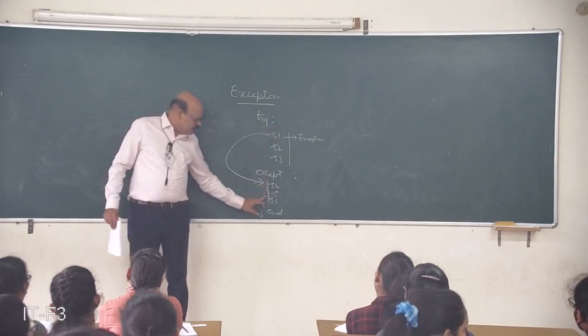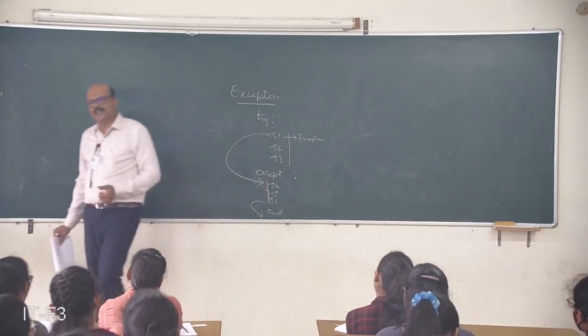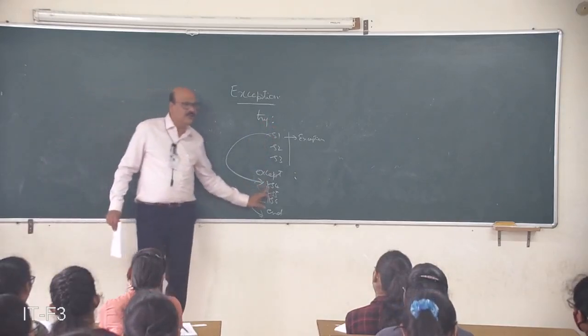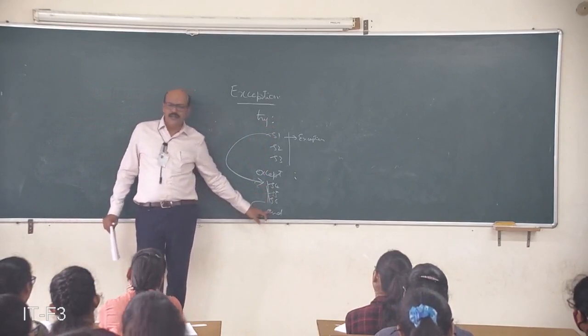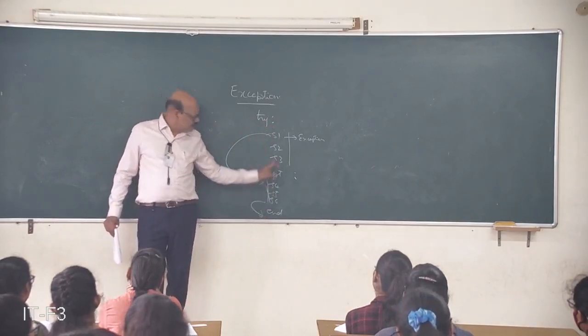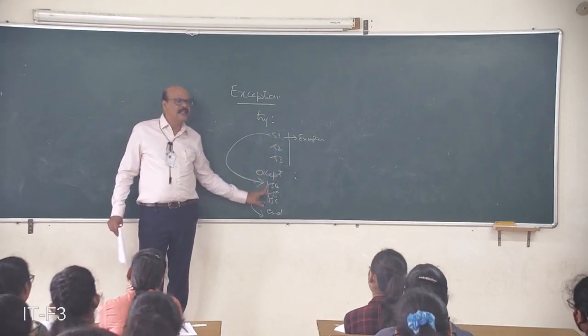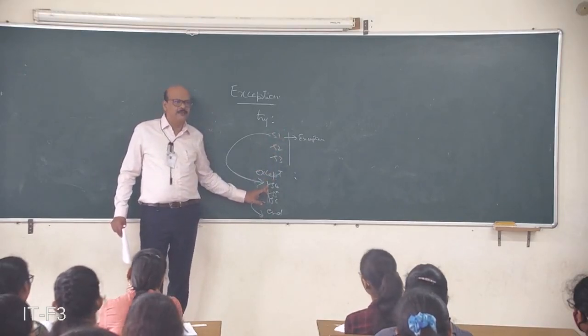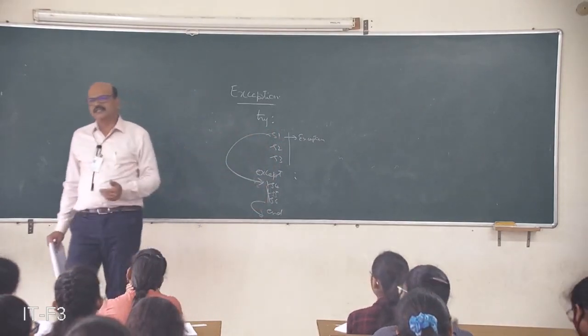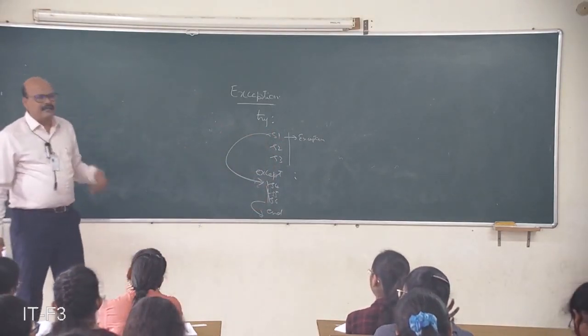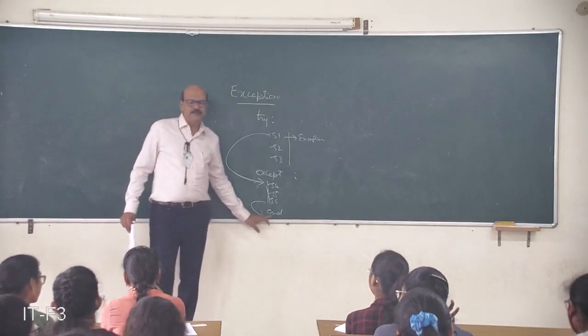Now in this except block, if you write some statements, these statements will be executed and then the program will come to an end. The remaining statements in the try will not get executed. From here the control transfers to the except block, all the statements in the except block get executed, and then the program terminates.